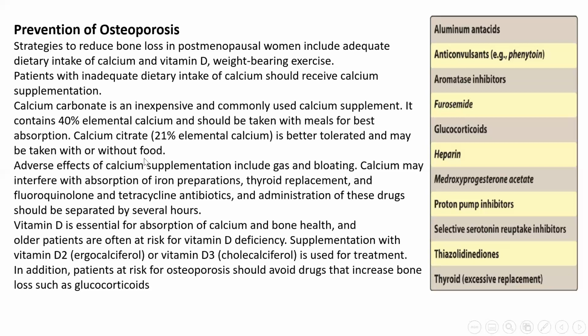Mainly we have major adverse effects with these two supplements, like gas and bloating, and calcium may interfere with the absorption of many drugs and preparations such as iron, thyroid replacement, fluoroquinolones, and tetracyclines, etc. On the other hand, we have vitamin D, which is very helpful not only for osteoporosis, but as we mentioned previously, also for osteomalacia and Paget disease.